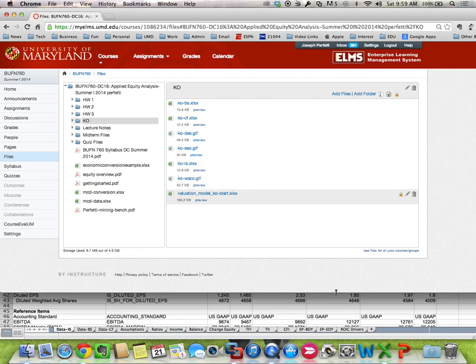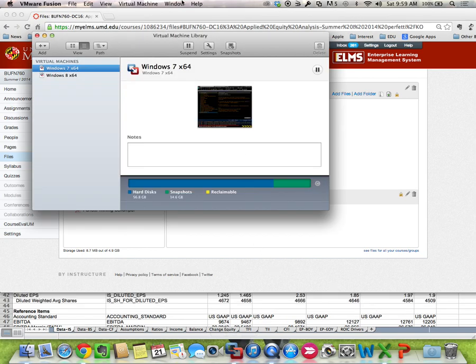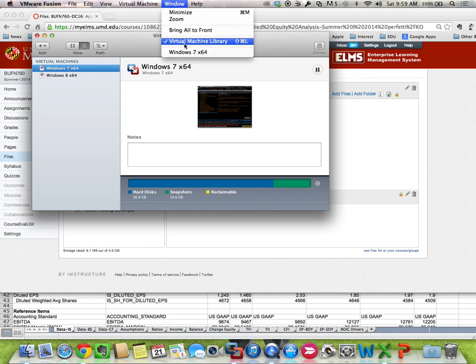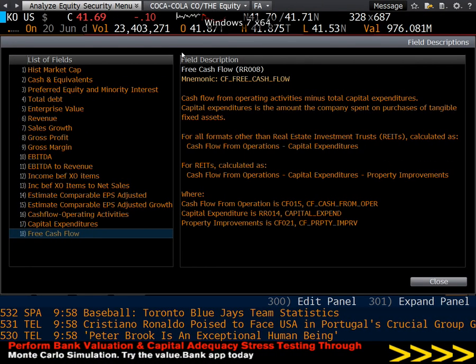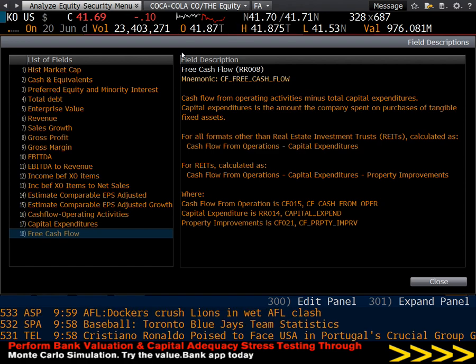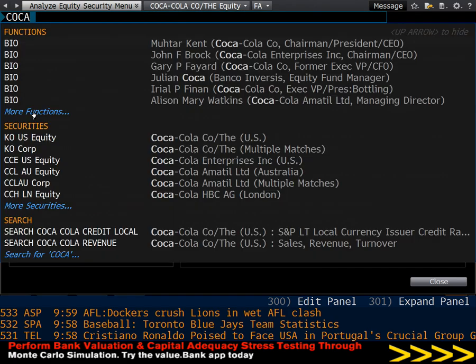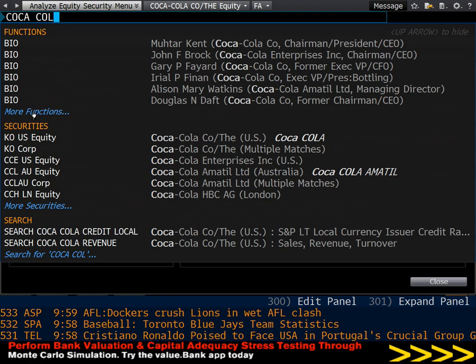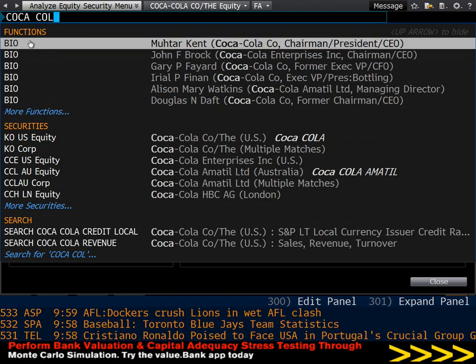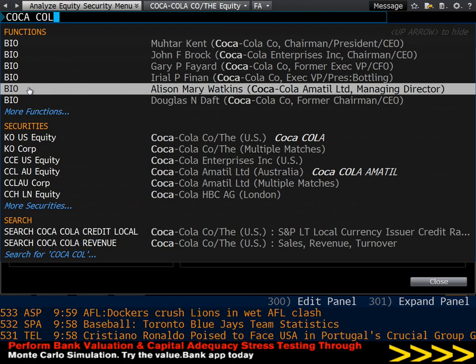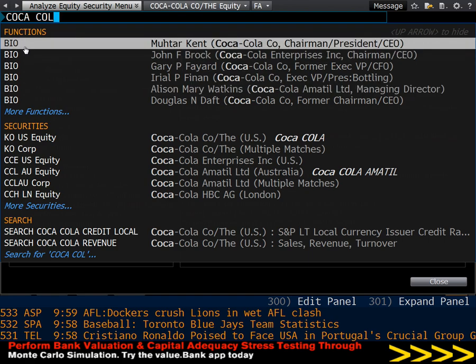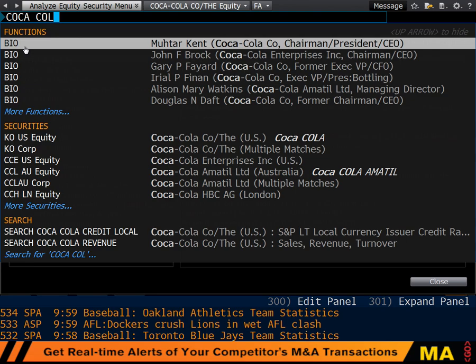So here's the thing. You go to your Bloomberg terminal and get your account. In Bloomberg, the convention is this command line across the top. You either start typing in the company name, Coca-Cola, or you can type in their ticker symbol. It'll start to narrow down the functions, which are the 3- and 4-digit codes, of which yesterday Bloomberg said there are 18,000 since they started building the data service in 1979.